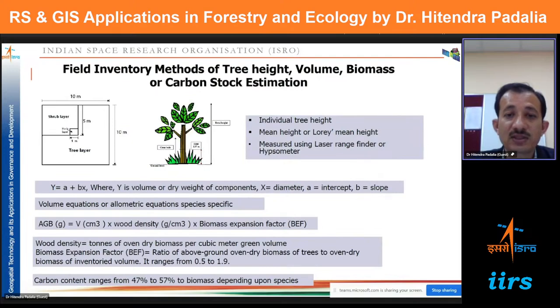Then the other aspect is climate change. You know that forests are useful in mitigation of climate change because they can remove the excess atmospheric carbon dioxide and store it as organic carbon.